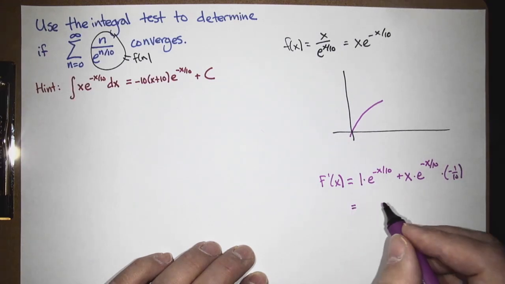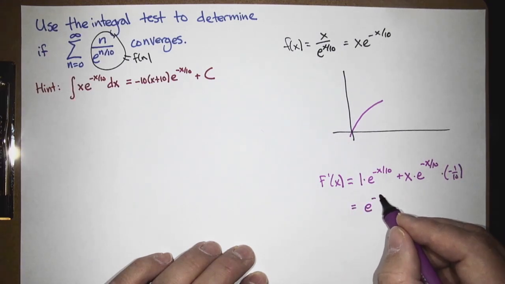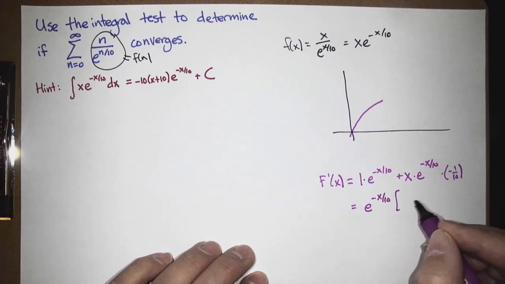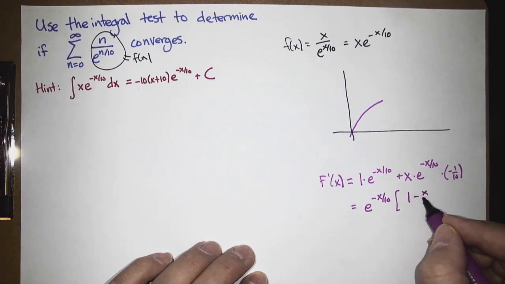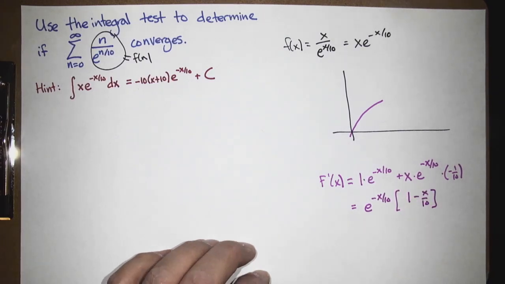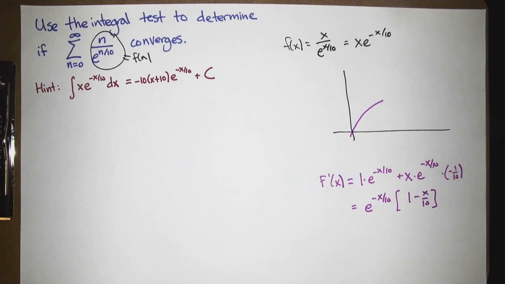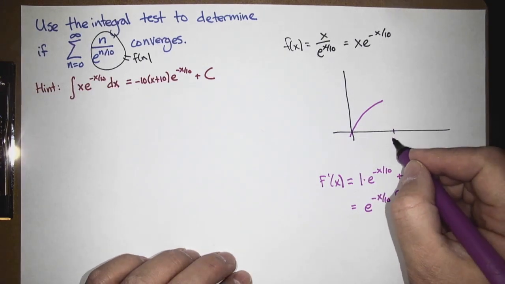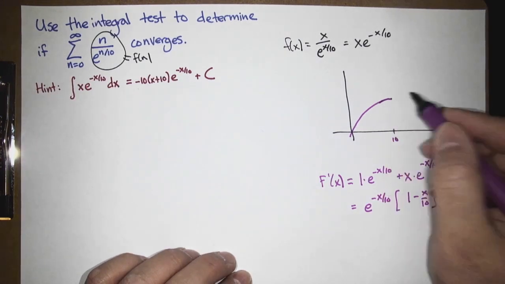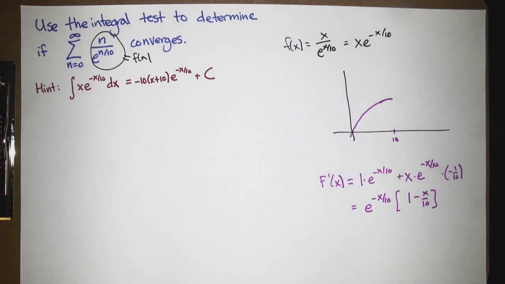And now if you factor this out, this becomes e to the minus x over 10 times 1 minus x over 10. So initially, the derivative is positive. At what point will the derivative be 0? Can you see a value for x when you get the derivative of 0? At 10. So it'll continue increasing until you hit 10. And then what's going to happen to it?